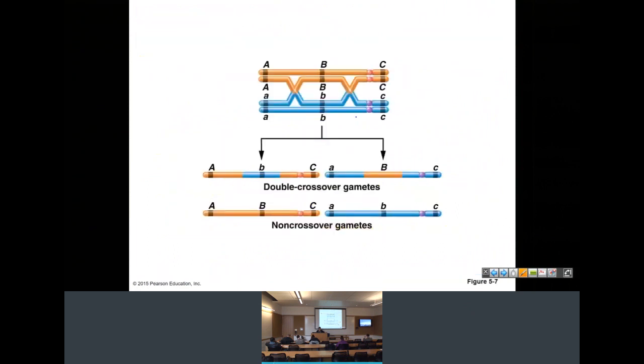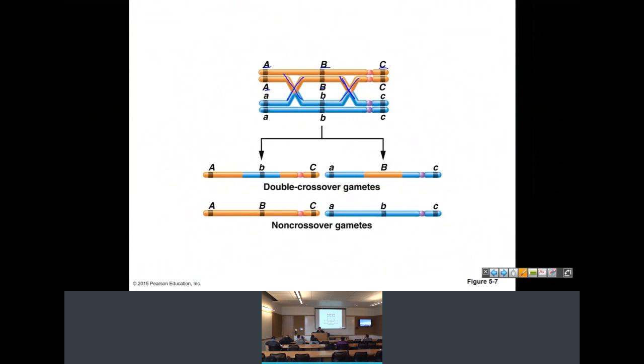Okay? So I'll just show you this picture. Here we have big A, big B, big C, small a, small b, small c, and so forth. And if there's a double crossover between A and B, and then between B and C, because there are 3 genes, then we'll notice that the gene in the middle has flipped its position.